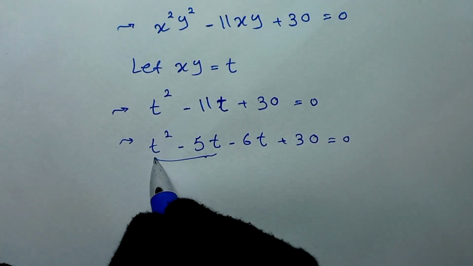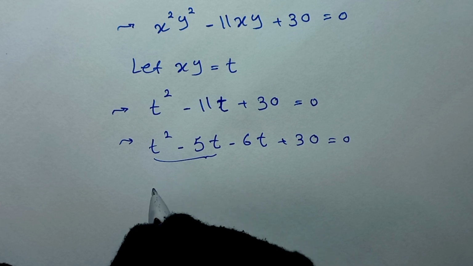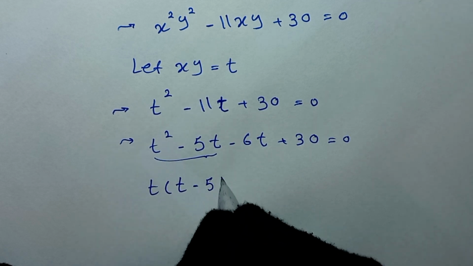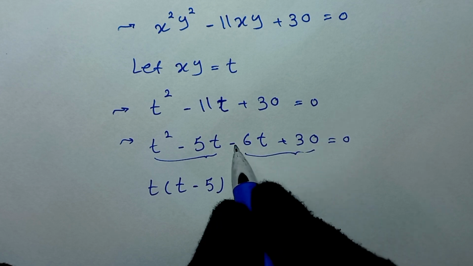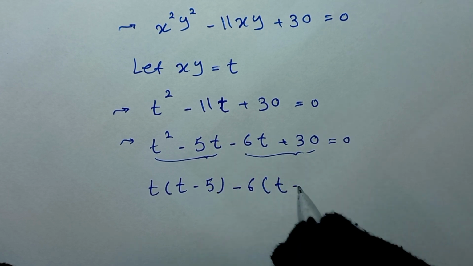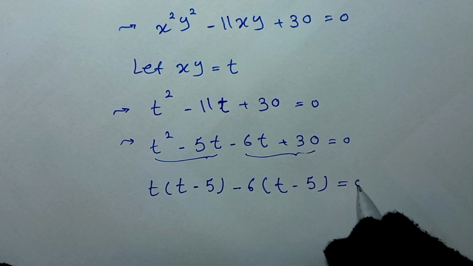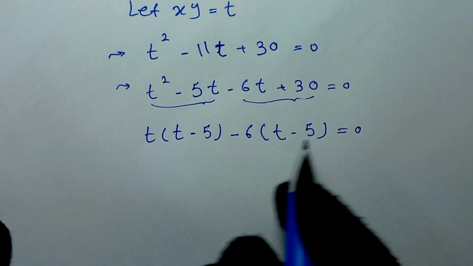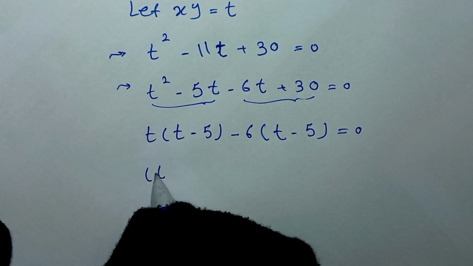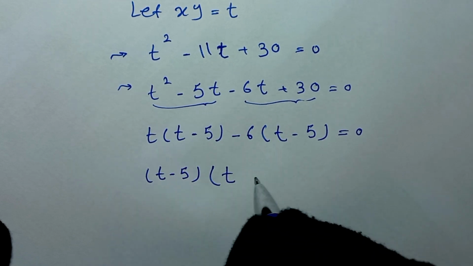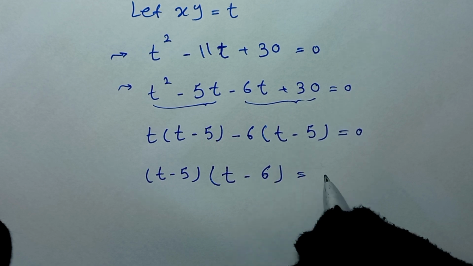And from these two parts, we factor t, and it will be t minus 5. And from these two parts, we factor negative 6. So it will be t minus 5 is equal to 0. And t minus 5 is common, so we factor t minus 5, and in here we have t, and in here we have negative 6 is equal to 0.